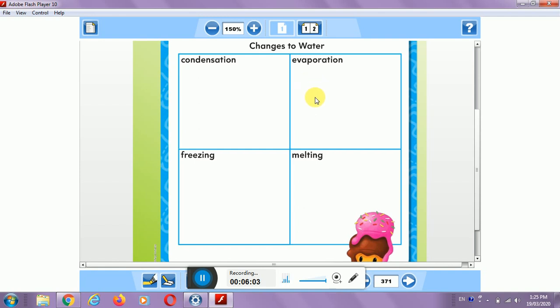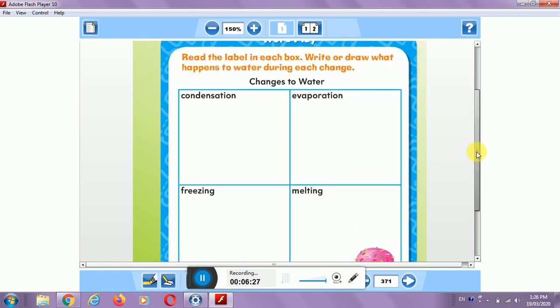Evaporation, is it from water to water vapor or water vapor to water? Melting, is it from ice to water or from water to ice? Freezing, is it from ice to water or from water to ice? You can write it or draw it as you wish.